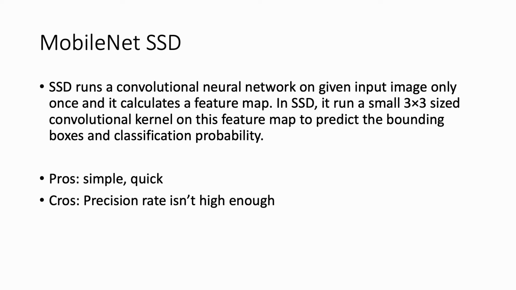In SSD, it runs a small 3x3 convolutional kernel on the feature map to predict the bounding boxes and classification probabilities. There are several pros, like it's a simple model to test, and the training process is very quick. Also, some cons, like the processing rate isn't high enough.